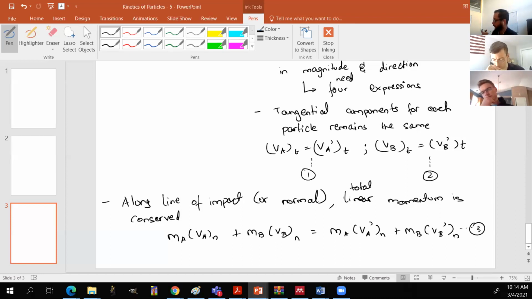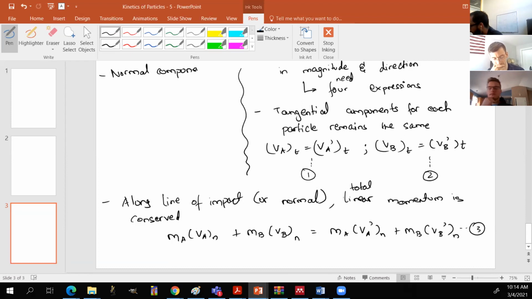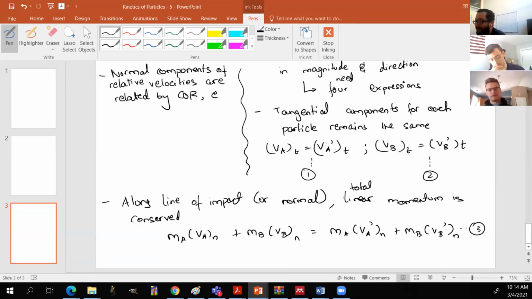All right, so let me write the fourth expression over here. The normal components of the relative velocities are related by my coefficient of restitution, COR, or e, like that.